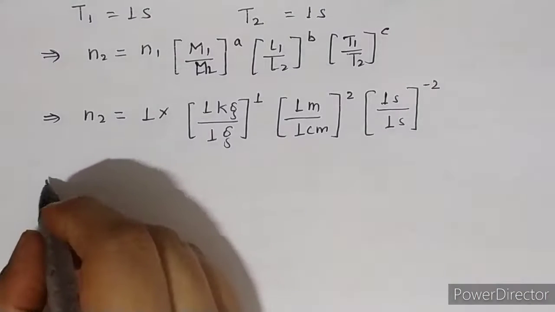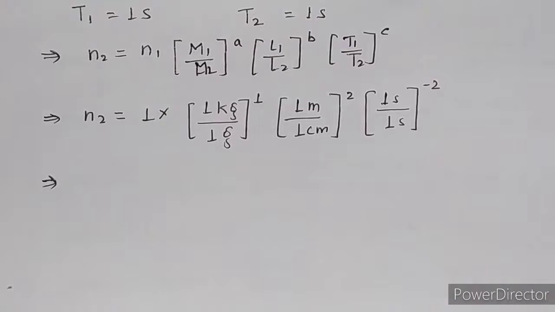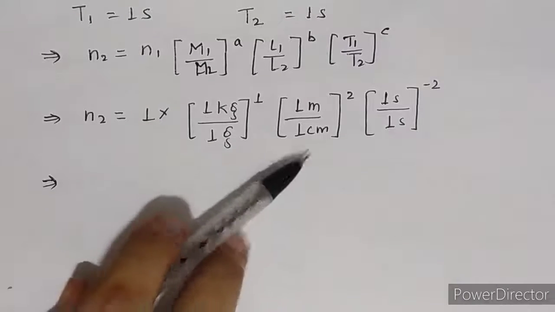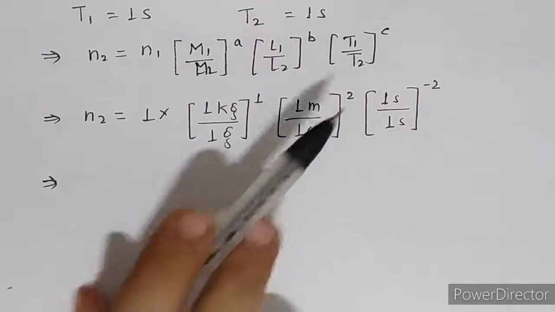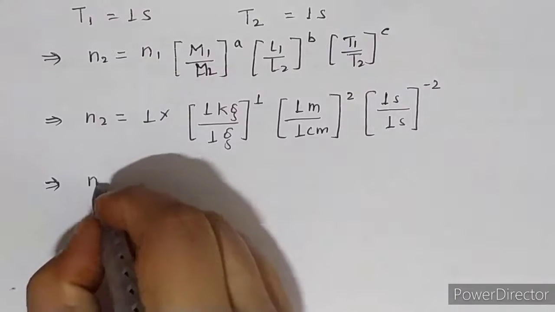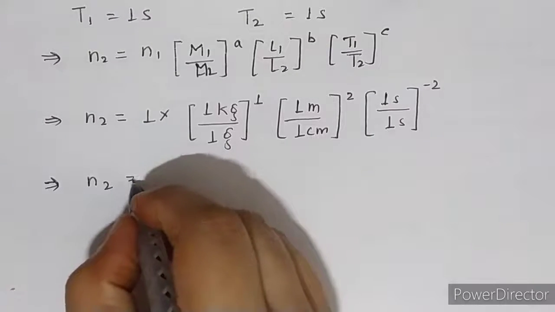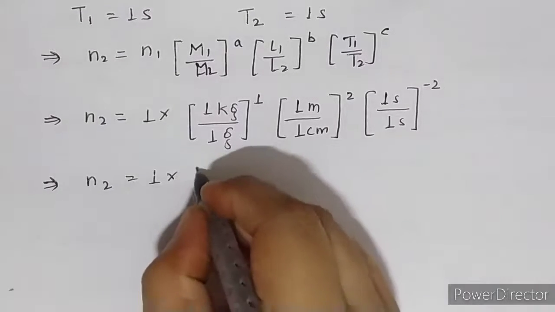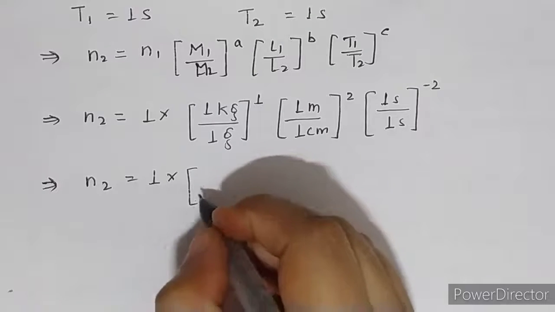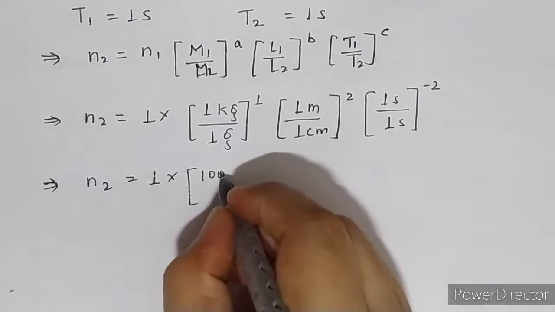Clear? Now we have to convert them into the CGS form, because the CGS value we have to calculate. So N2 is equal to 1 into how many grams are there in 1 kilogram? 1000.